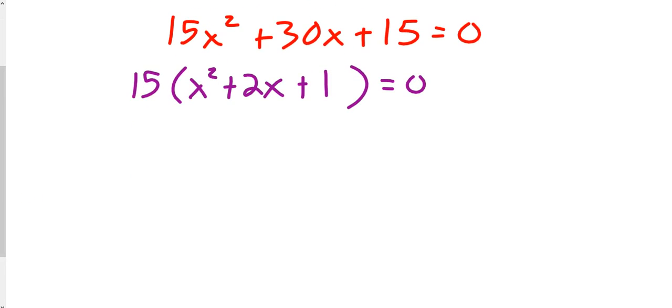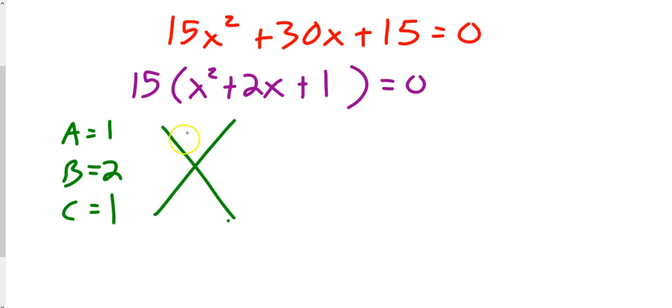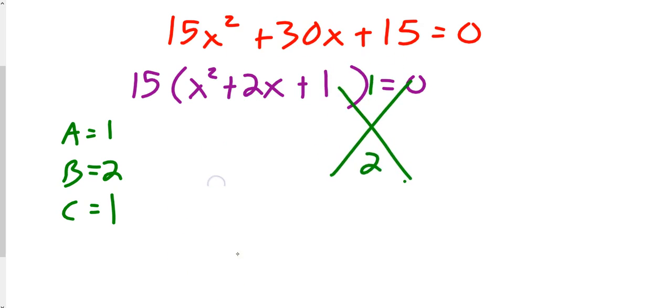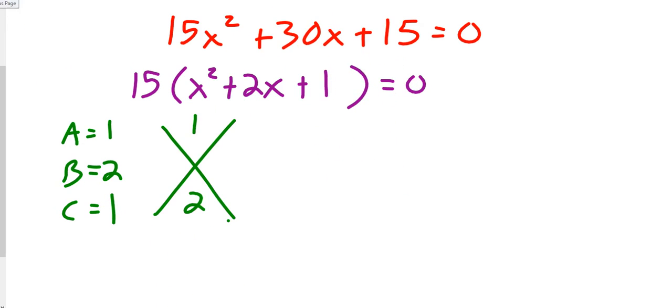So now we worry about what's inside this parenthesis. That's what we have to factor. So again, I just did the AC method. So there's your A, B, and C. Play your X games. 1 on top, 2 in there. Factors of 1 are 1 and 1.